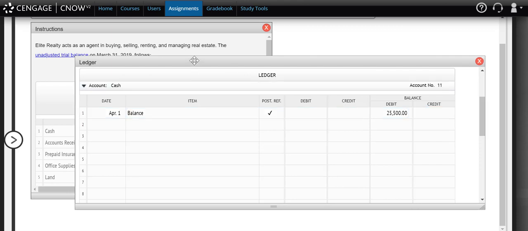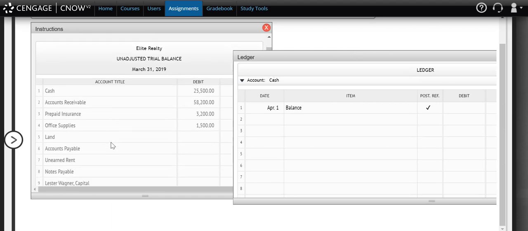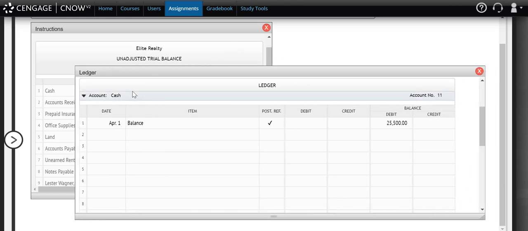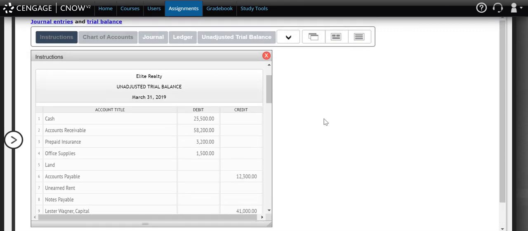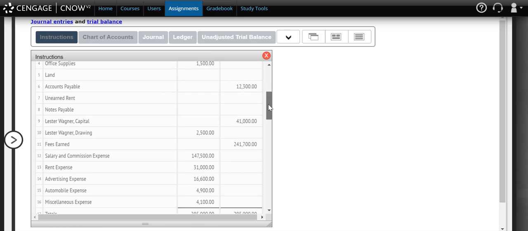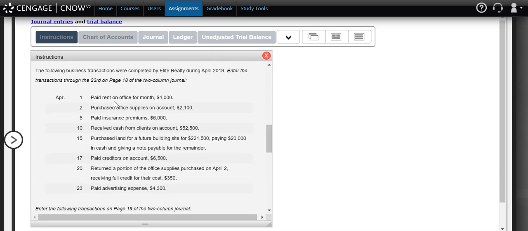So you would do this same process for every account that is listed here that has a beginning balance. We need to do that step first before we go ahead and do any of our journalizing of the current month's transactions. So let's say we did go through and put in all of those balances. We come down and now we can start journalizing.